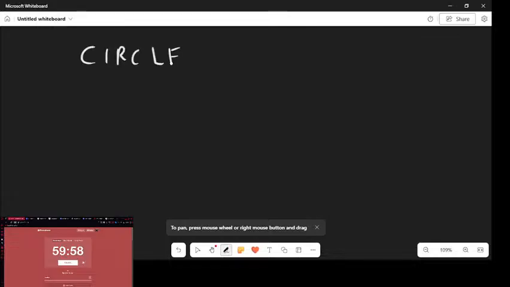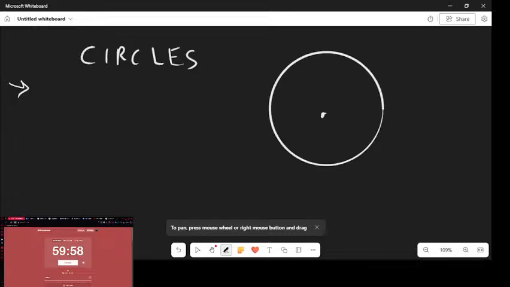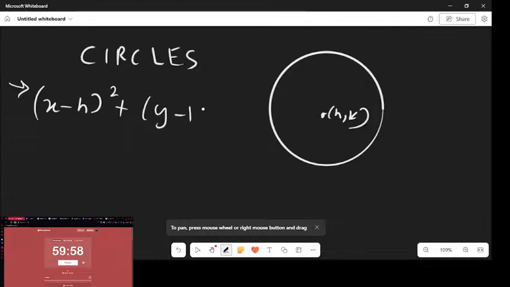Circles. So, starting from the basics. If we have a circle with center h comma k, its equation, this is a very basic thing, (x minus h) whole square plus (y minus k) whole square is equal to r square. That is the radius.